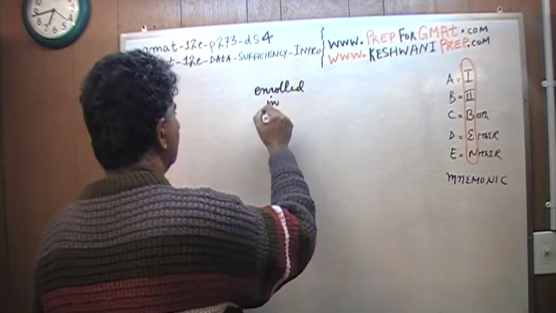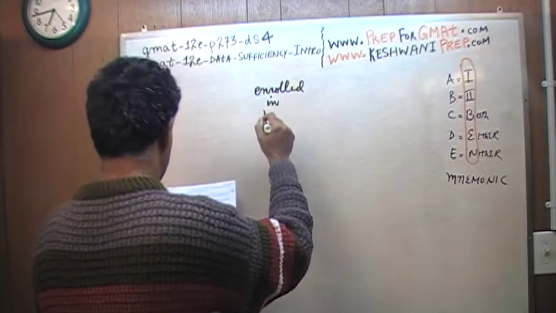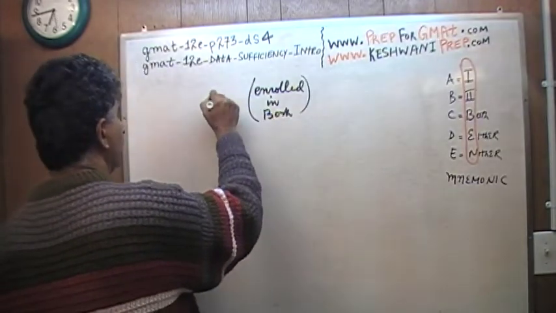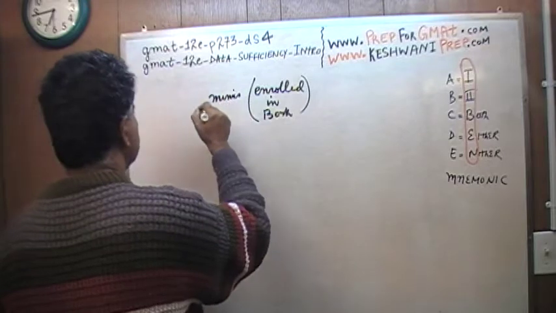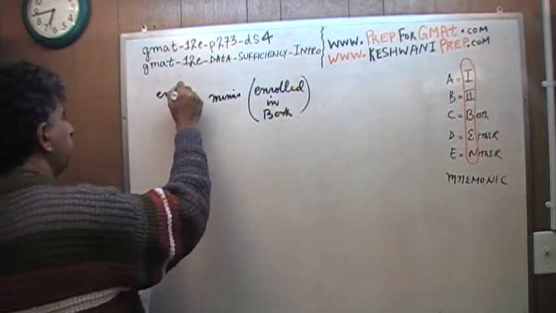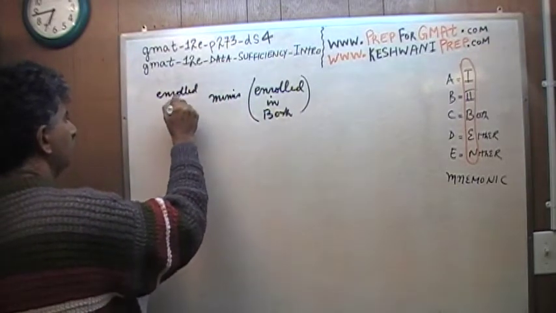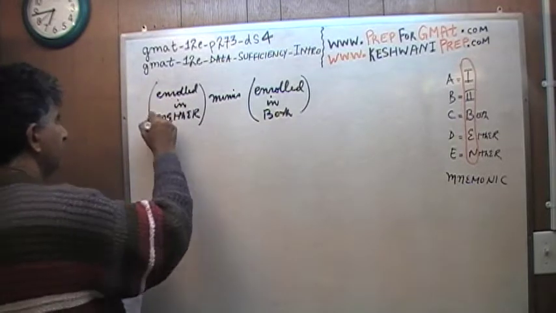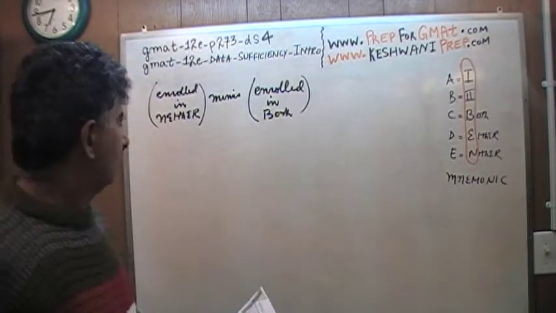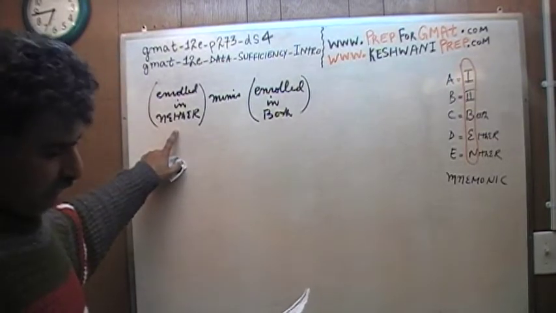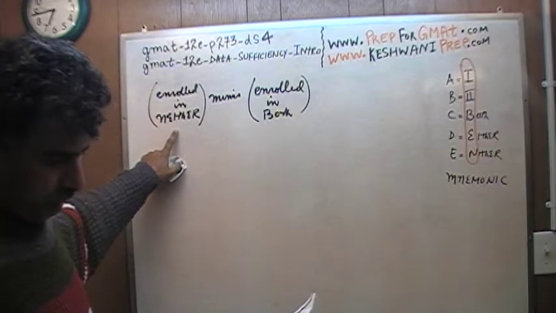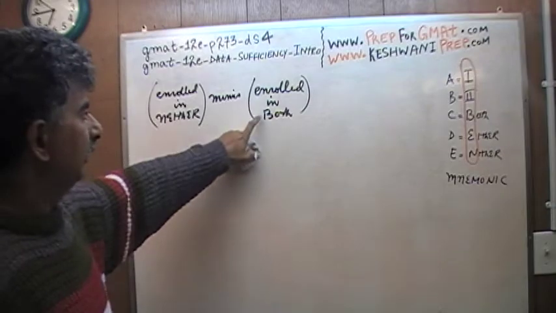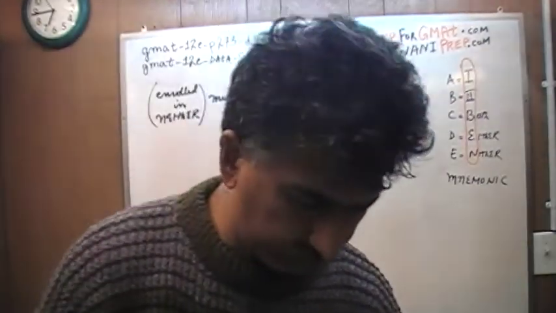Enrolled in both minus enrolled in neither. That's what they're looking for. They're looking for people who are taking neither of the courses. It's how much less than the number of students enrolled in neither minus the enrolled in both. Let's take a look at it. See what statement 1 gives us.